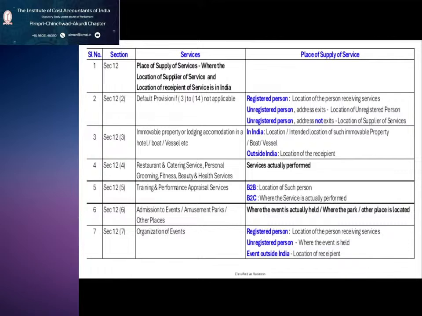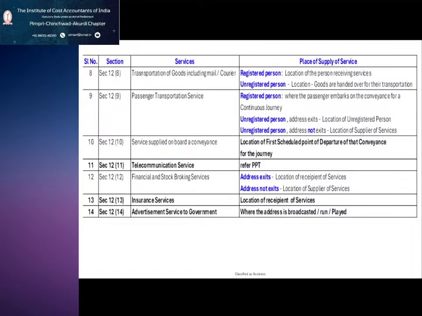For example, for financial and stock broking services, if addresses exist, then the location of the recipient of service; if addresses do not exist, then the location of the supplier of service. Similarly, you can see in passenger transportation service also: there you can see the address exists, and if the address does not exist. In the same way I will try to add subsection 12(12) and subsection 12(9), where you have to use the same place of supply.